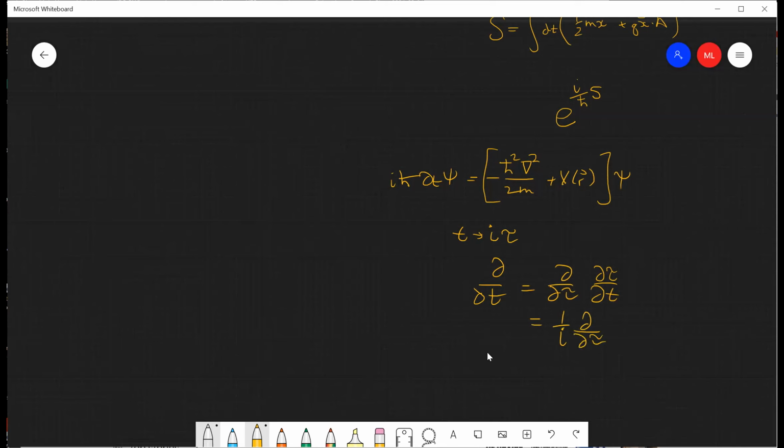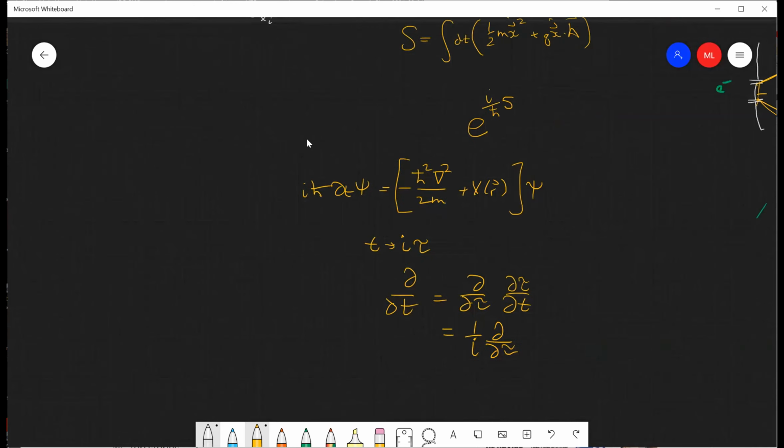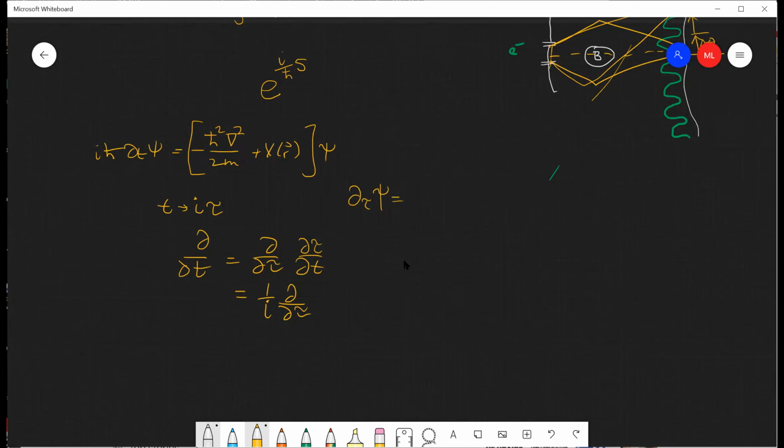If we make this change of variables, you get a single derivative of psi with respect to tau, and on the other side, everything sort of remains the same.